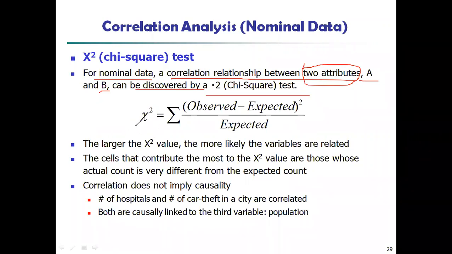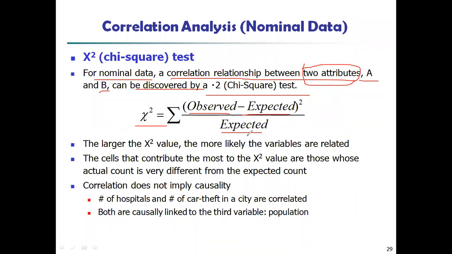By using this formula: chi-square equals sigma, which means summation, of observed number of values minus expected values, whole squared, divided by expected number of values.